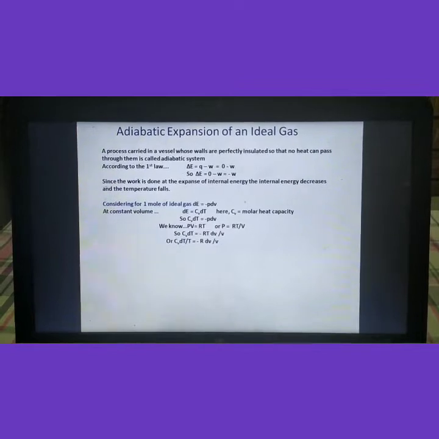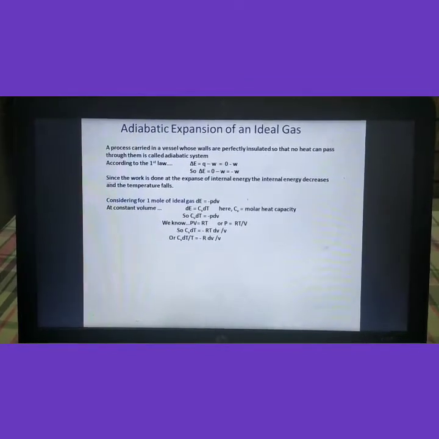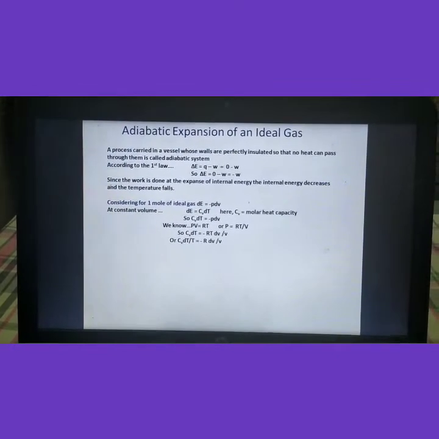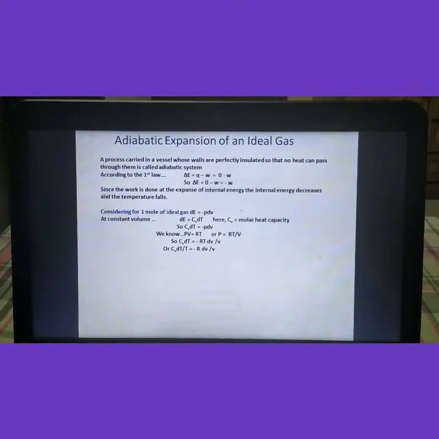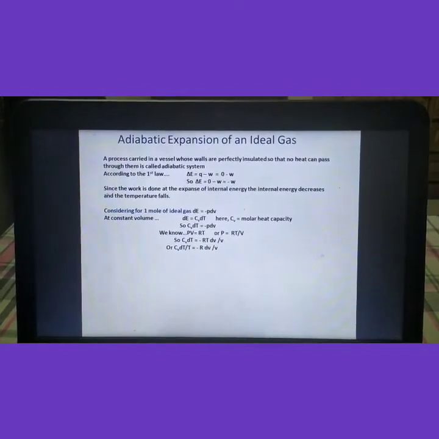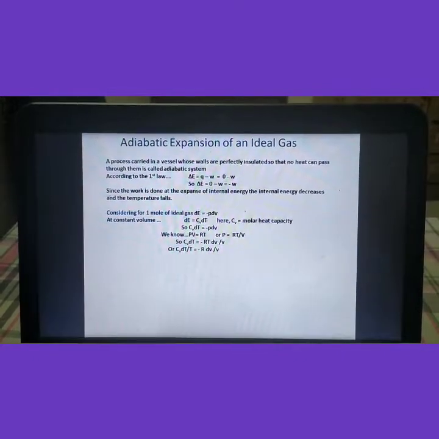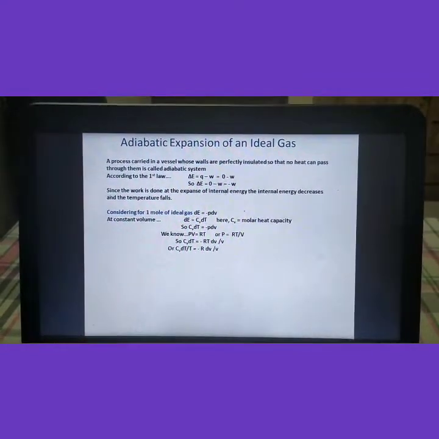We know PV is equal to RT for 1 mole of ideal gas, or P is equal to RT by V. So Cv dT is equal to minus RT dV by V, or Cv dT by T is equal to minus R dV by V.